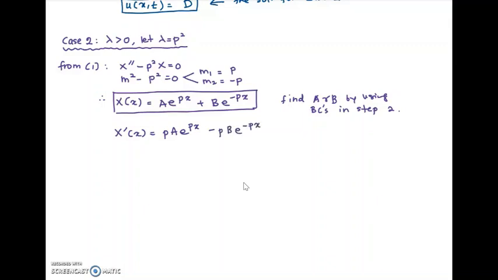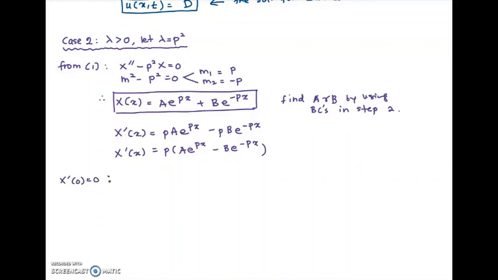Basically you can factor out p, then in the bracket you have a exponent px minus b exponent negative px. So this is X prime. Only then we can apply our boundary condition. The first one is X prime(0) equal to 0.